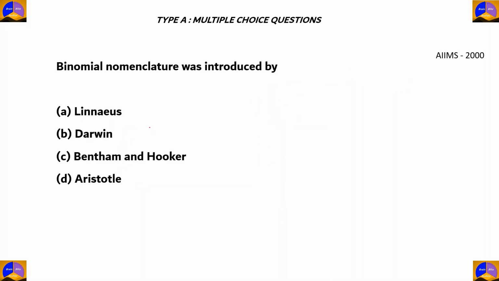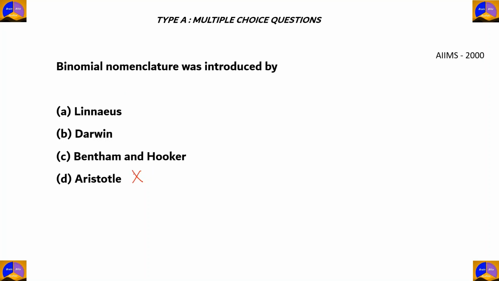Next question. Binomial nomenclature was introduced by A. Linnaeus, B. Darwin, C. Bentham and Hooker, D. Aristotle. Now let's see what each scientist did. Aristotle proposed a system of classification such as animals with blood and without blood, which does not refer to binomial nomenclature.